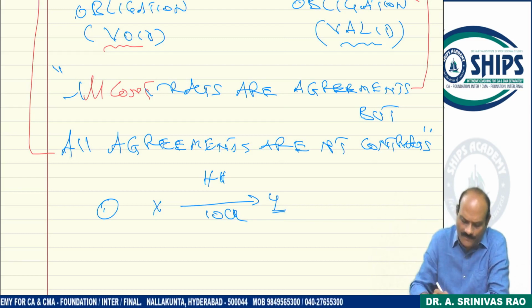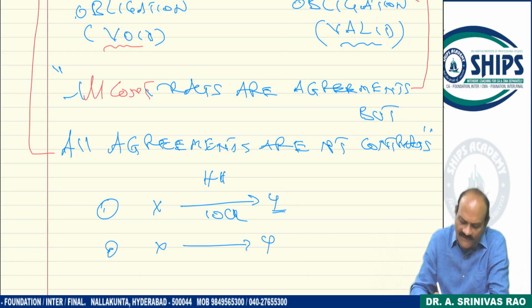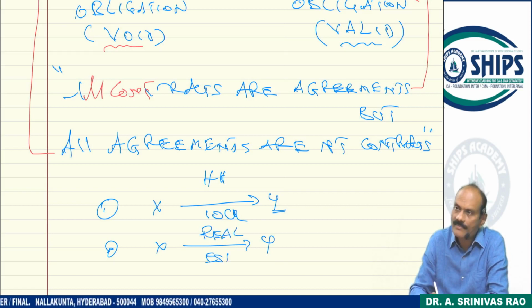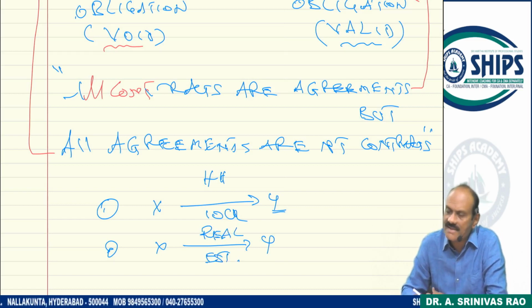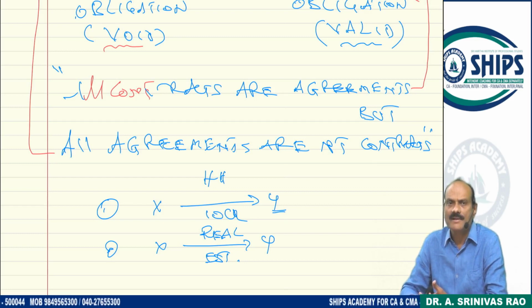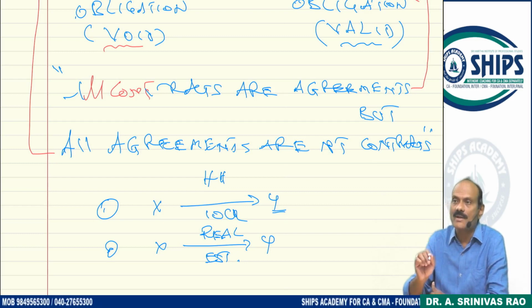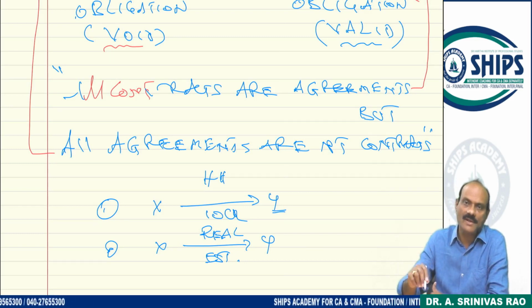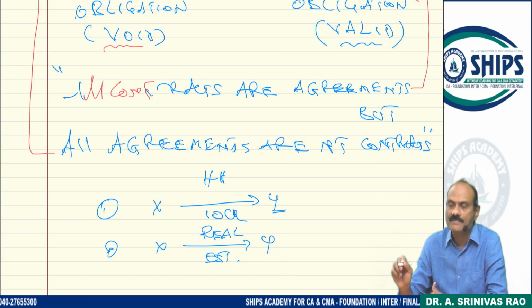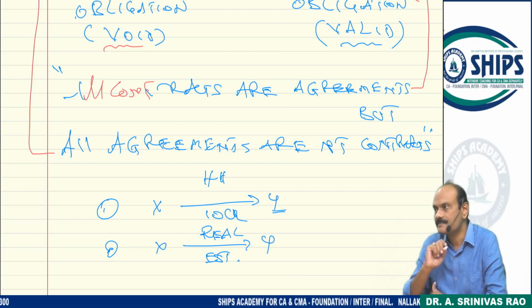One more. X made a proposal to Y. Mr. Y, both of us will do real estate business. He said yes. Offer is there, acceptance is there, agreement is there, as well as enforceability. So if the parties to agreement are intended to create legal obligation, it is a contract.